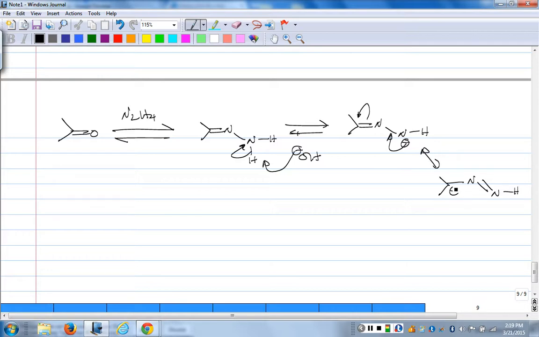This reaction is occurring in solution in ethylene glycol, which is my solvent. For now, I'm just going to write HB. The ethylene glycol is going to donate a proton to my conjugate base, and that will generate this species.